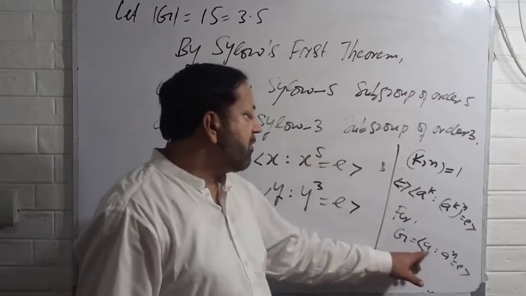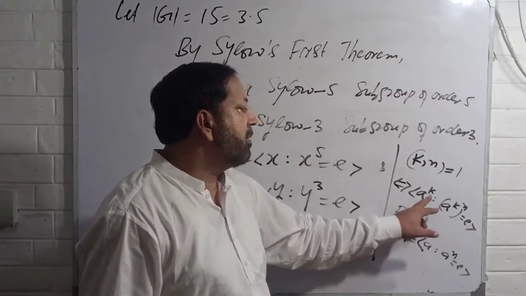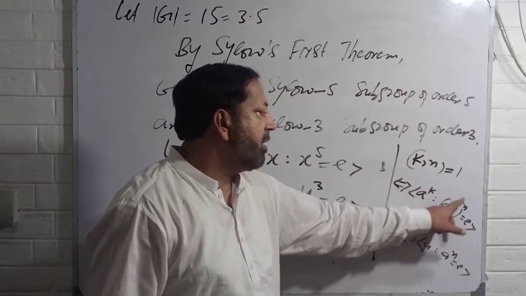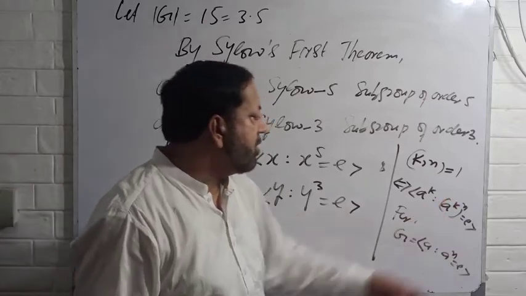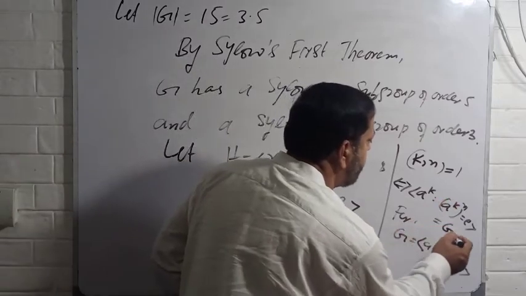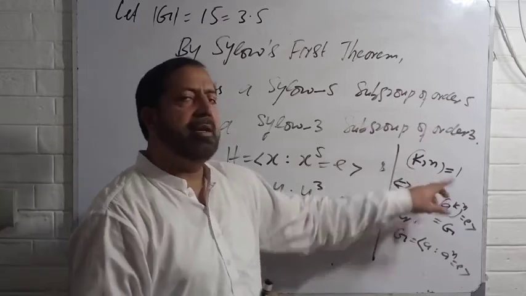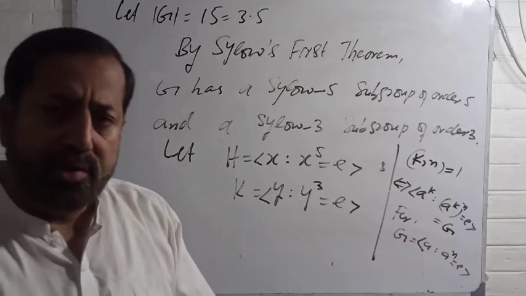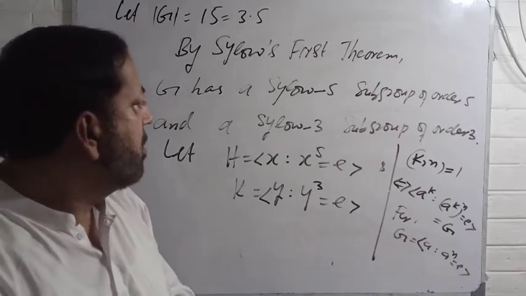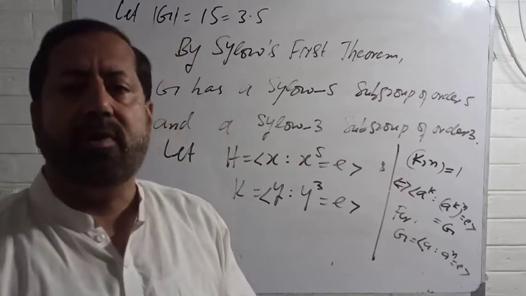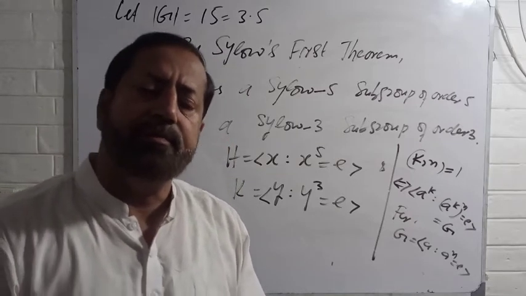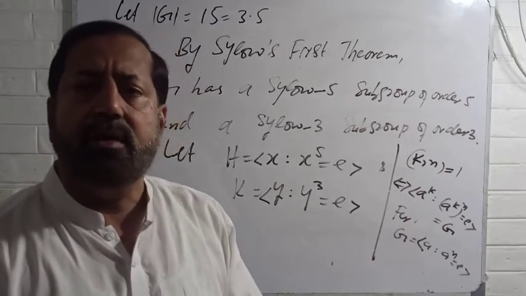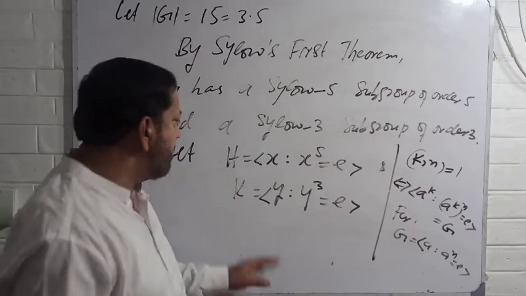If G is a cyclic group of order n, then a to the power k also generates G if and only if k and n are relatively prime. So whenever you want to know how many generators you can have in a cyclic group of order n, you need to count the number of powers of the generator which are prime to n, with respect to this theorem.